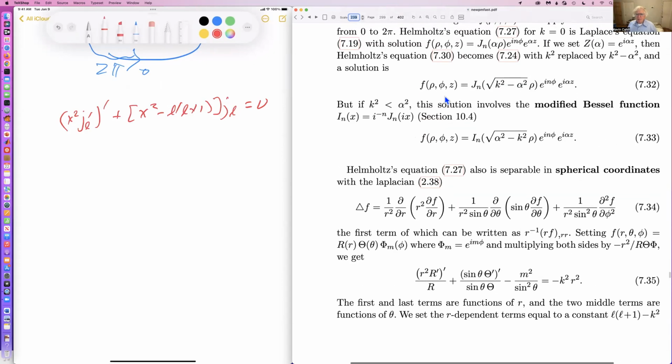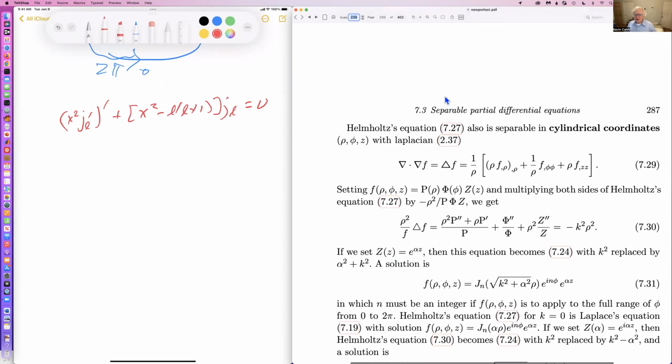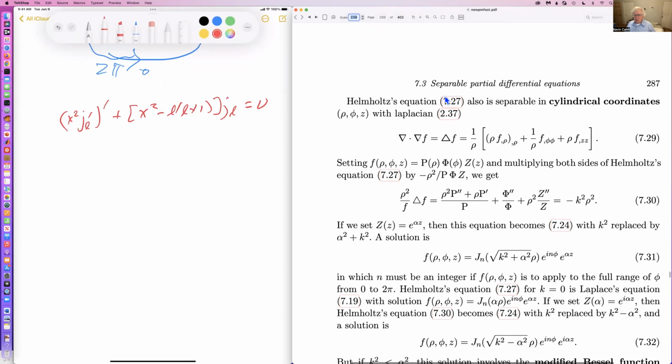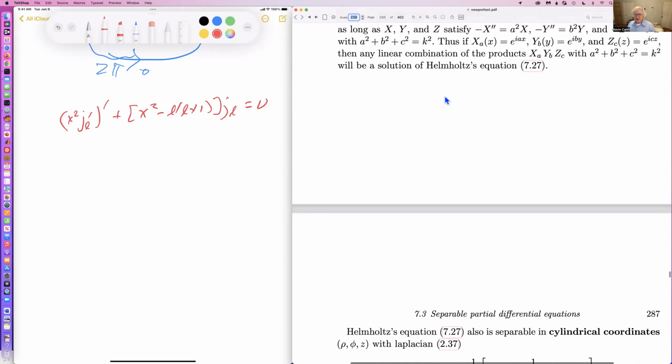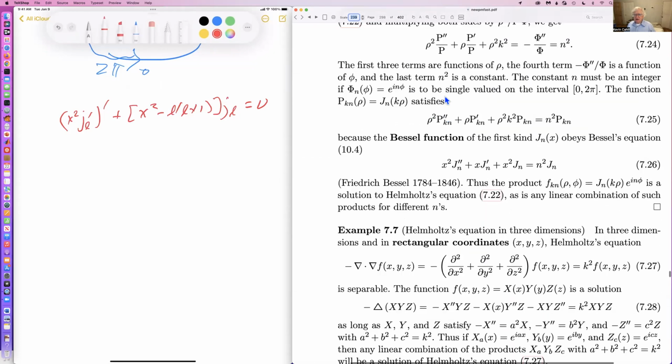And back here, we had a cylindrical Bessel function somewhere. Well, that was, I think, the inhomogeneous case.